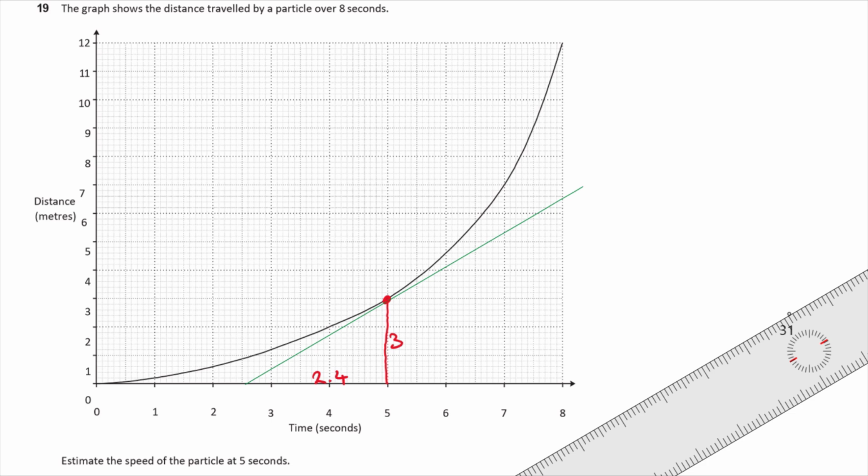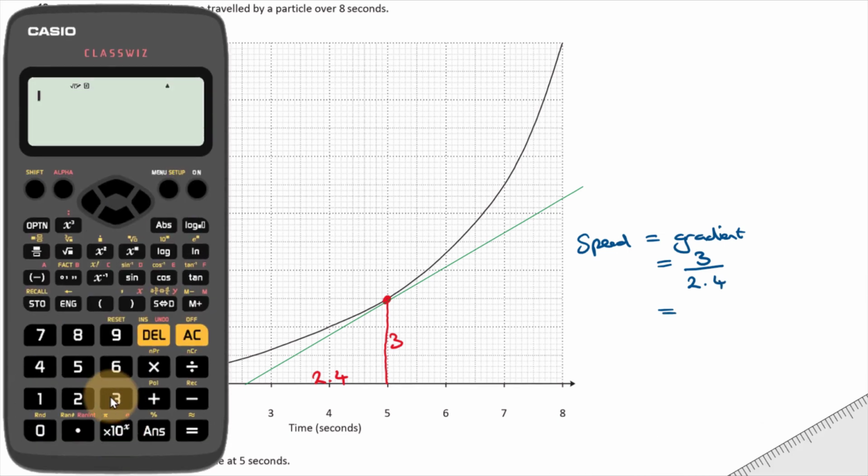Okay, so then the speed equals the gradient, which is equal to change in y, 3, divided by change in x, 2.4. What does that come out to be? 3 divided by 2.4, 5/4.